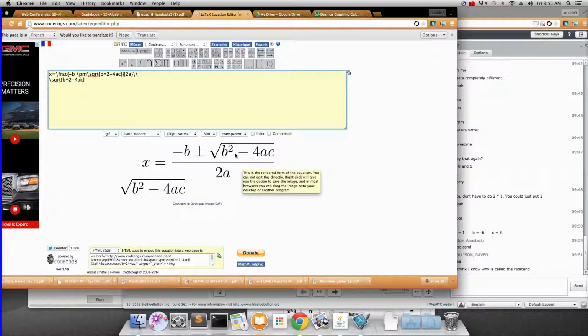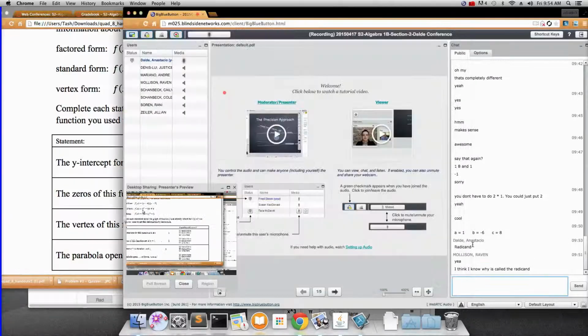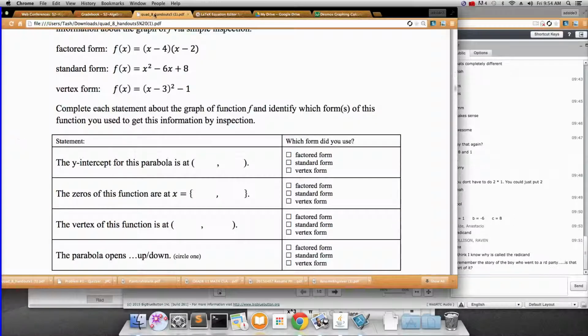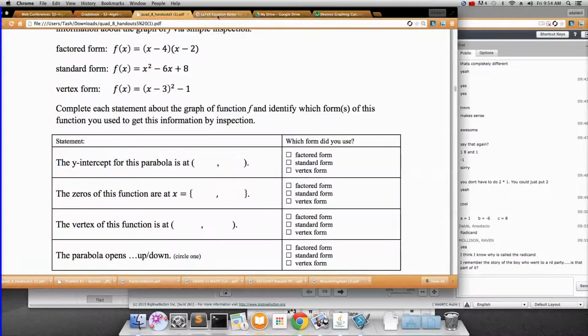Now, for the problem specifically that we wanted to take a look at, it was x squared minus 6x plus 8. Let's take a look at what the radicand of that would be. And as Raven pointed out, A was 1, B was negative 6, and C is 8. All right, so let's do that. So, what is the radicand of that?